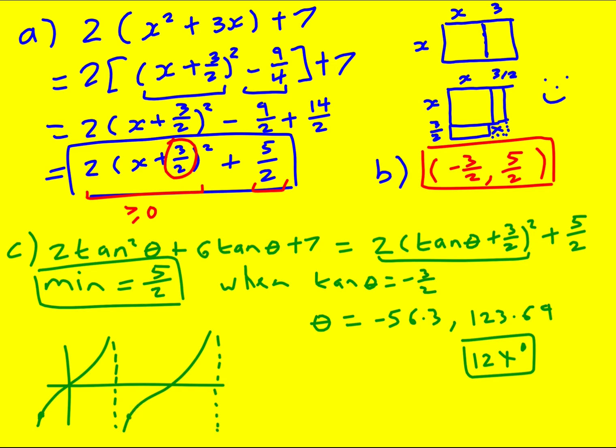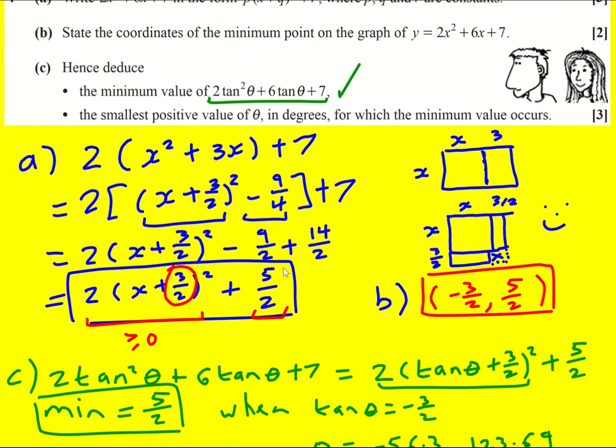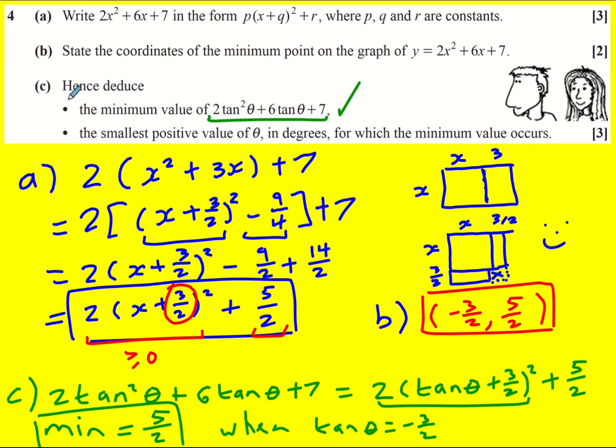In fact, all you need to do to get to the next one is remember it's periodic. It repeats every 180 degrees, so I just added 180 onto it to get this point here, which was the value of theta that then gave tan theta is minus 3 over 2. I quite like that. It's a slightly different take on completing the square. So yeah, good part C in particular.